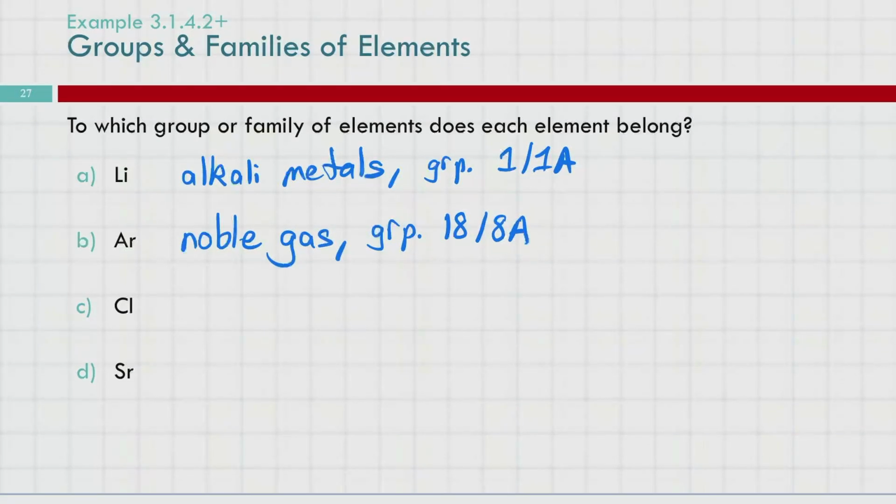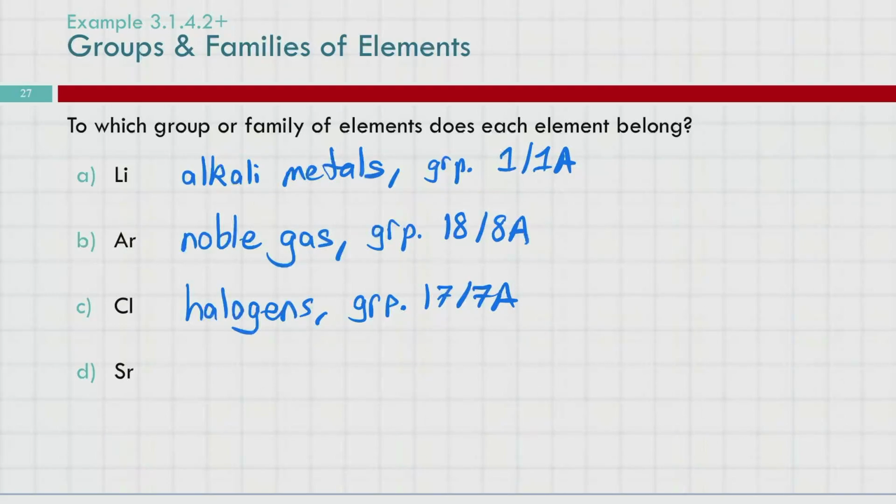And then Cl is right next door. What's the name for that group? Yeah, that's our halogens, which is group 17 or 7A. And then Sr is over on the left side of the periodic table.